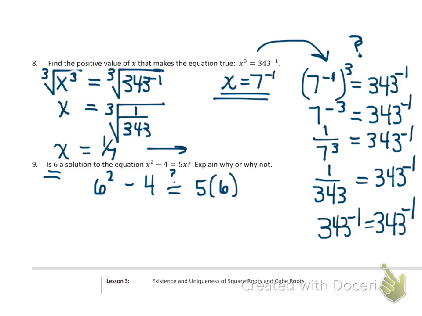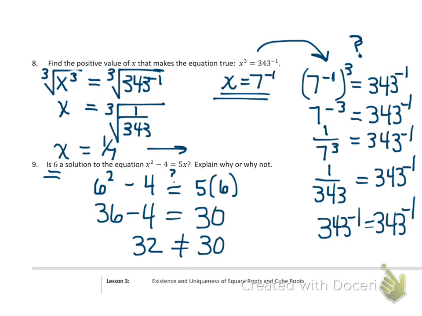So 6 squared is 36 minus 4, and this is 32. 5 times 6 is 30, so this is 32, which is not equal to 30. So the answer to that would be no. 6 is not a solution to that equation because it doesn't make it true. It doesn't lead to a true statement.